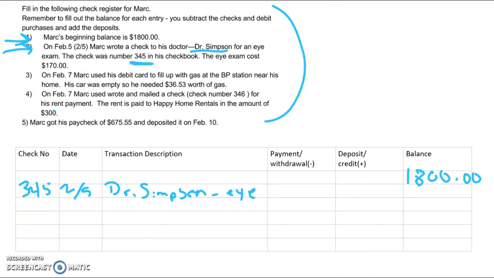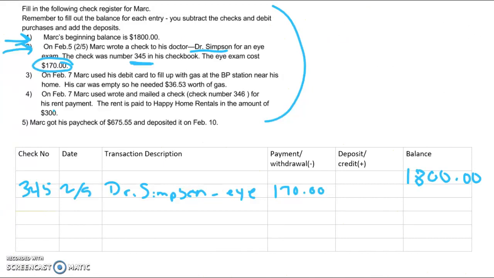The eye exam cost $170, so this was a payment of $170. Now what we want to do is subtract that amount from our $1,800 that's already there.